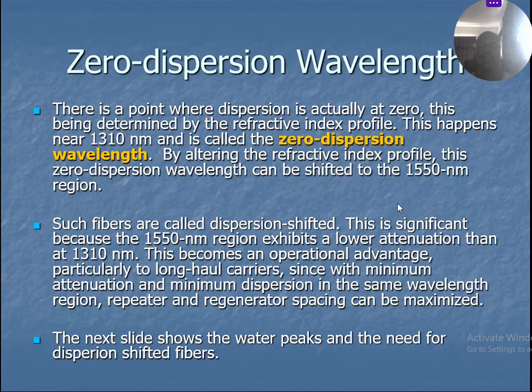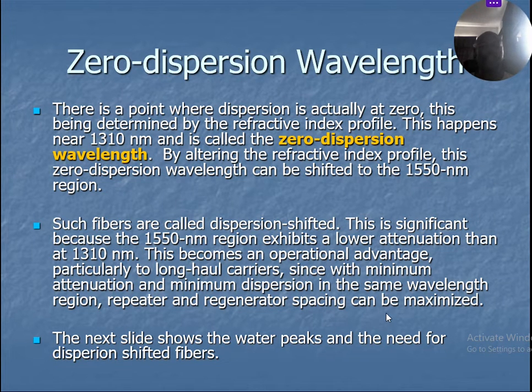So we were able to arrive at a new zero dispersion wavelength, which is the better version of the 1310 nanometer wavelength. Now, such fibers are called dispersion shifted, because you've shifted the dispersion away. This type of fiber, that resulted between the 1310 nanometer wavelength and the 1550 nanometer wavelength, is called dispersion shifted.